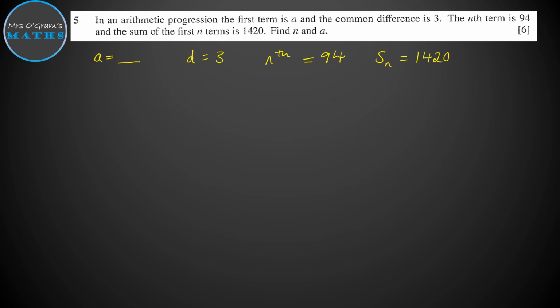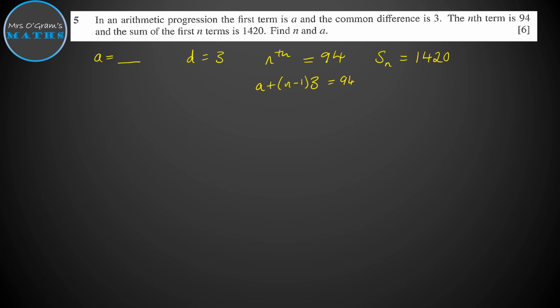So we've got an arithmetic progression and some information we're told about that I've just summarised underneath. So first of all, the nth term, we know we have that a plus (n minus 1)d gives us our nth term. So that will equal 94, and in fact the d we already know to be 3, so we can replace that.